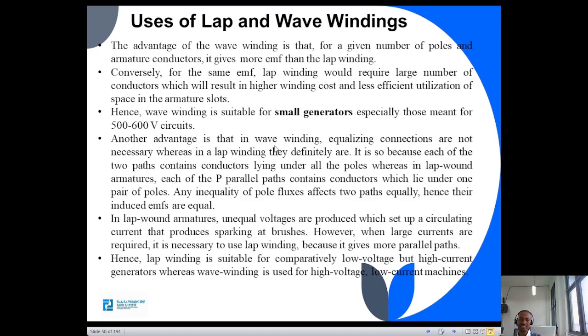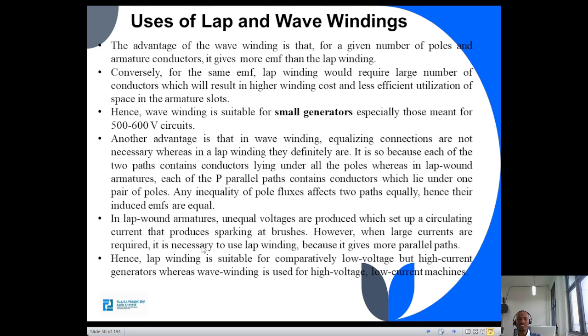Another advantage in a wave winding is that equalizing connections are not necessary, whereas in the lap winding they are definitely important. In lap winding armatures, unequal voltages are produced, which set up a circulating current that produces sparking at the brush.